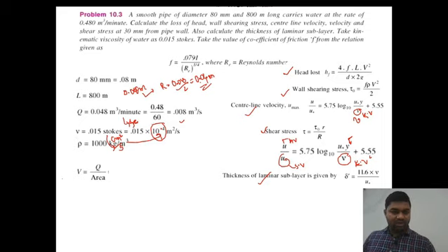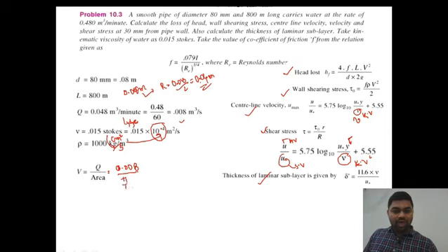We need to find out the value of V. The value of V is nothing but discharge by area. The discharge is 0.008, divided by the area, which is pi by 4 d square.